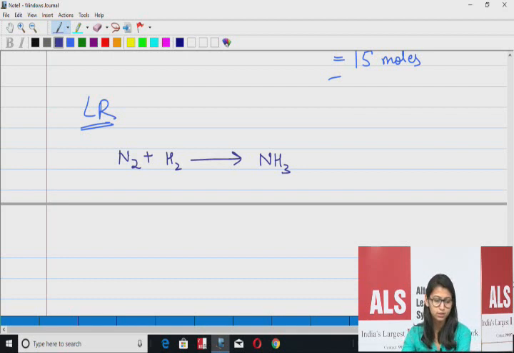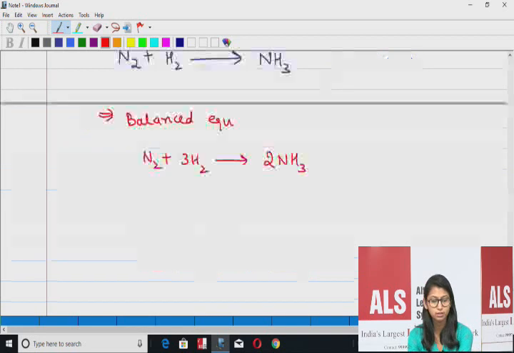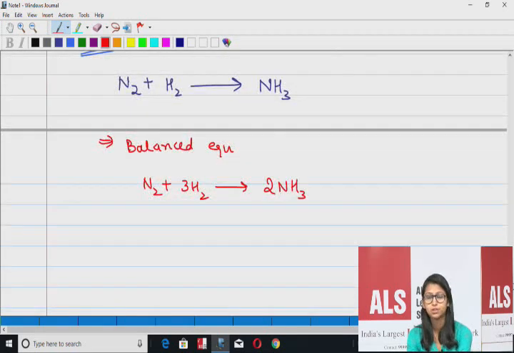See, let me do it. You will be getting a balanced equation here like this. I'm writing a balanced equation. N2 plus 3H2 gives 2 moles of NH3. Now the equation is balanced. I hope everyone understood the balancing part, right? Now how can I deal with it?